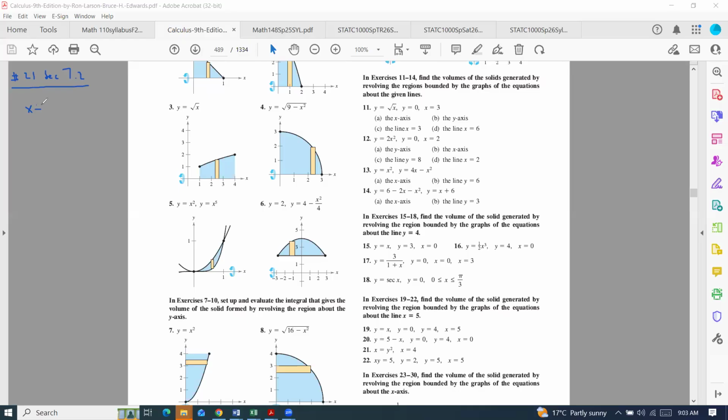It is a parabola because it looks like we switch x and y when you graph y is equal to x squared. That's a parabola along the y-axis, and x is equal to y squared will be the parabola that opens along the x-axis. So it is quite straightforward, right?